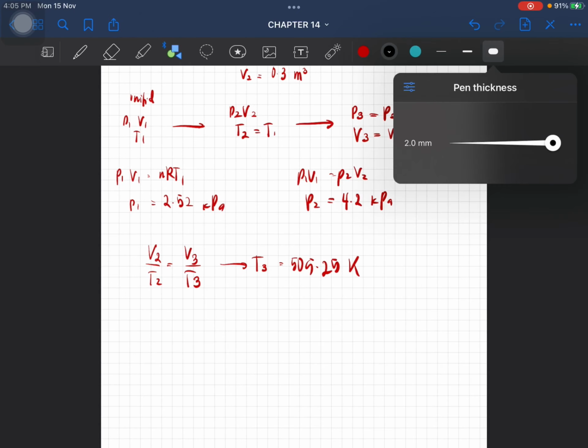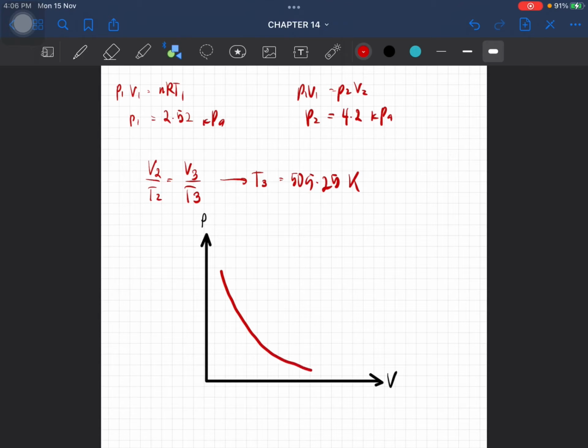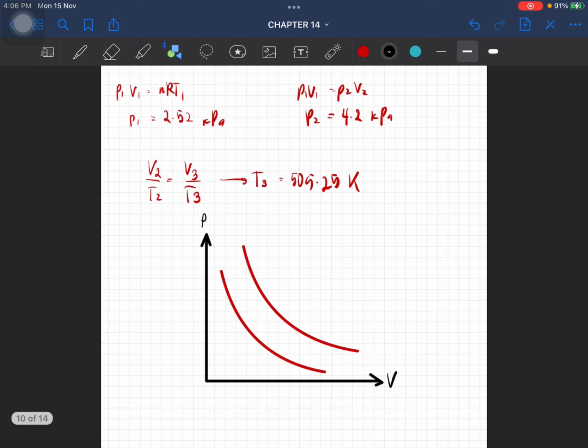So this is 1.5. Okay, so we have the graph, pressure against volume. I'm just going to draw the line for the temperature. Okay, so this is in kilopascal, and this is in cubic meter.